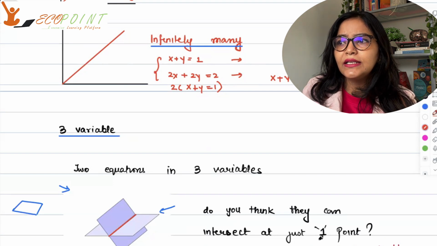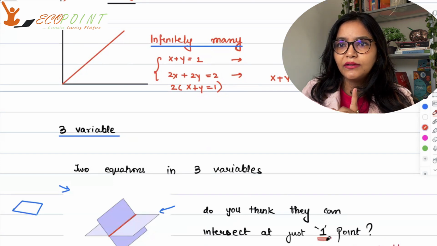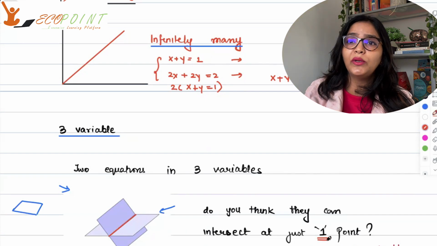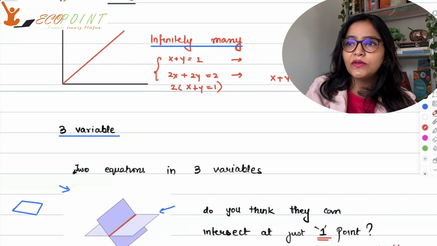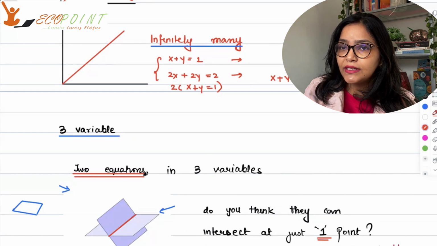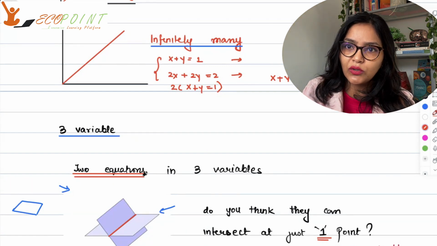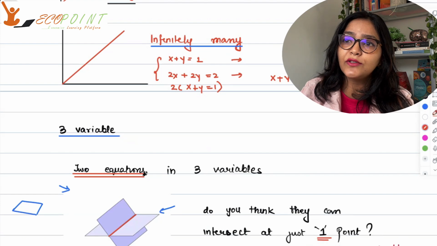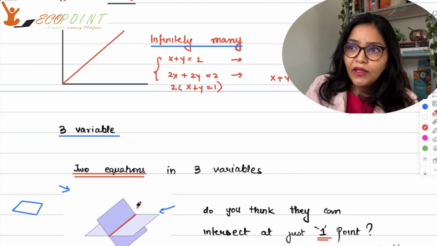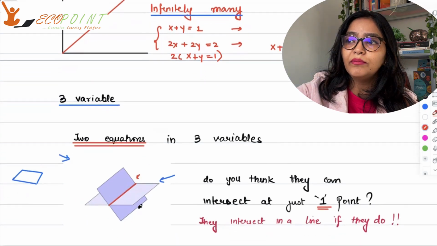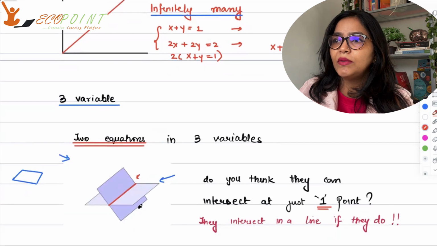Do you think they can intersect at just one point? Well, no, that's not possible. Whenever you have just two equations in three variables, if they are intersecting at all, if there is a solution at all, it has to be infinitely many solutions because it's a line. And a line basically means infinitely many solutions.